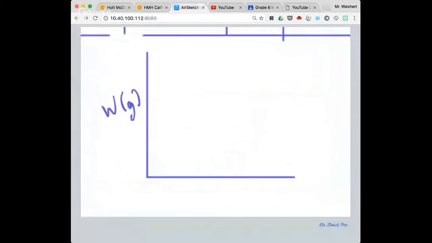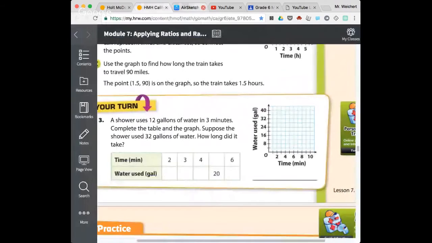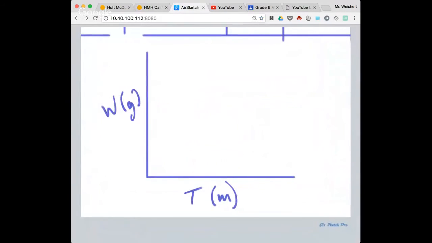Just so you guys can see what I'm doing, water in gallons, time in minutes. It looks like each of these steps, these are 4 jumps of 4, right? Okay. So we know 0's here, and 4, 8.